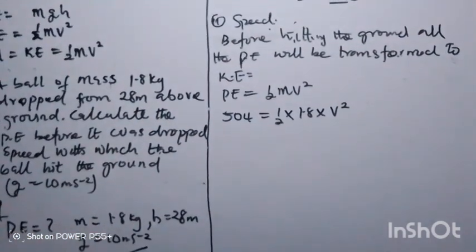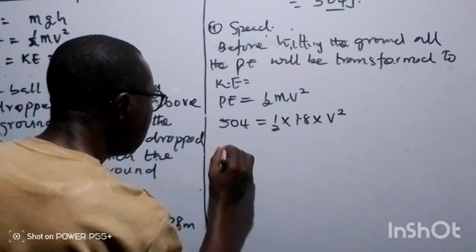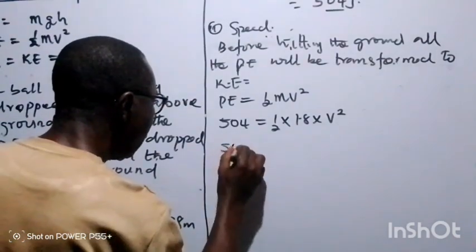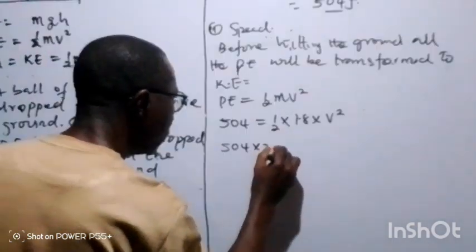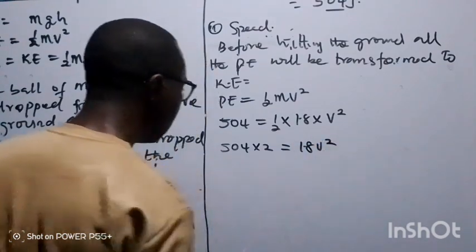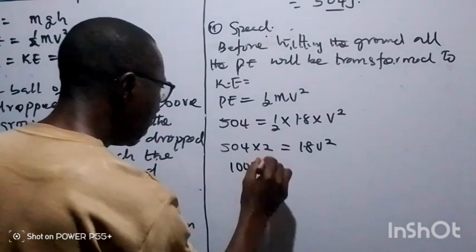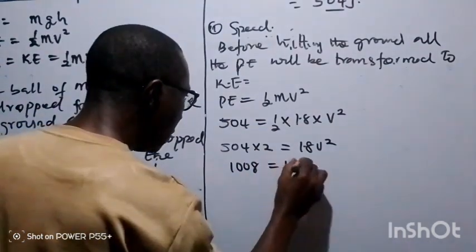So if we cross multiply this one, that will now give us 504 multiplied by 2 is equal to 1.8 v squared. And this one will now give us 1008. That will be equal to 1.8 v squared.